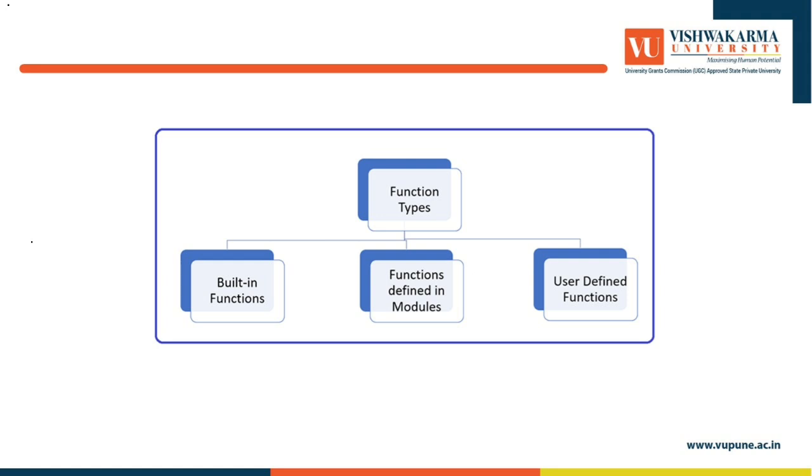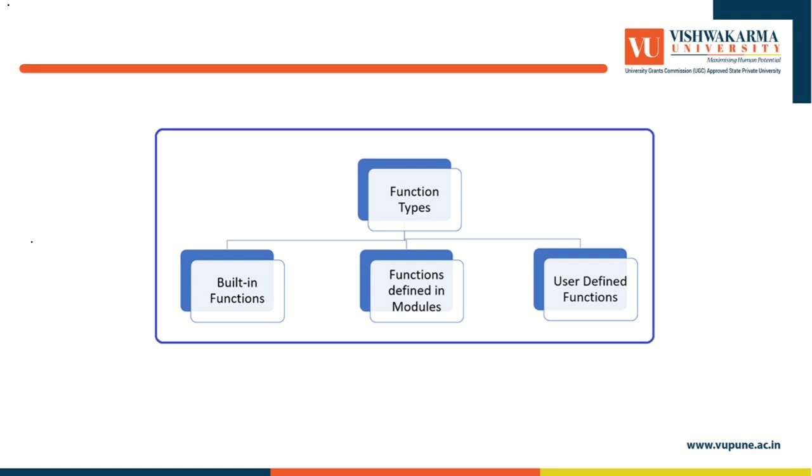For example, print displays output, len returns the length of an object, sum adds the elements of a list or tuple, type returns the type of an object. Use case: ready to use for common tasks.